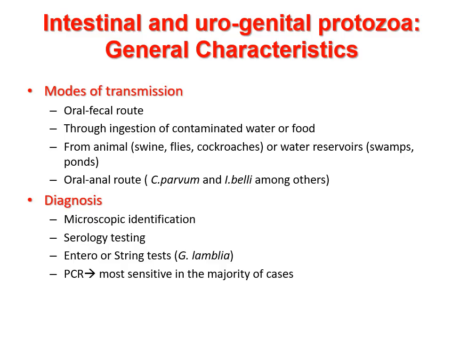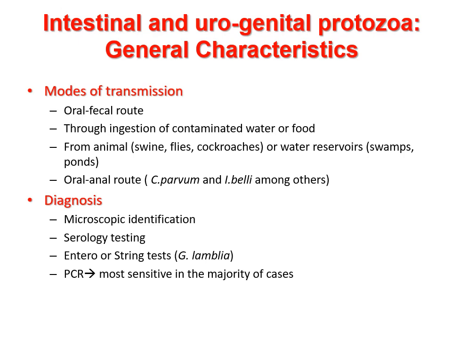They might have some animal reservoirs or water reservoirs, and the oral-anal route of transmission can be one way of transmission among others, and that's true for Cryptosporidium parvum and Isospora belli.